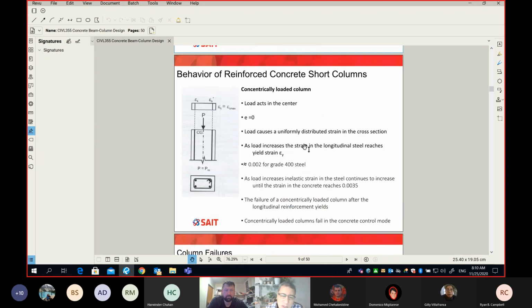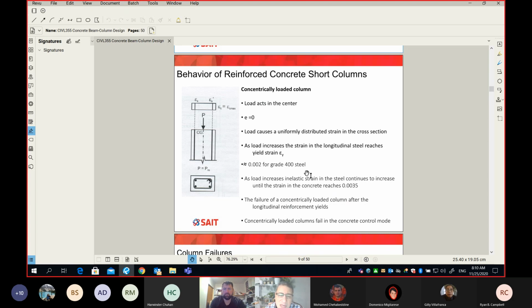And now in this slide here, I was talking about the mechanism. If you have a centric column, what will be the mechanism of failure? When you start with zero load, this means zero stress. As we increase the load, the stress will increase uniformly on the cross section until the strain becomes equal to 0.002, which is the yield strain for 400 grade.